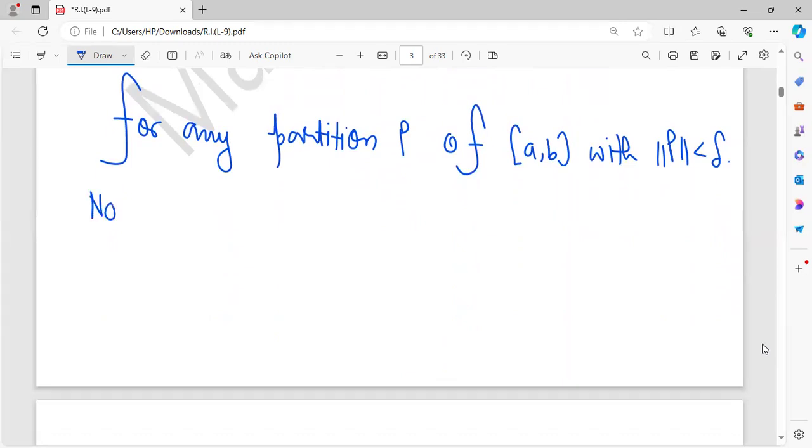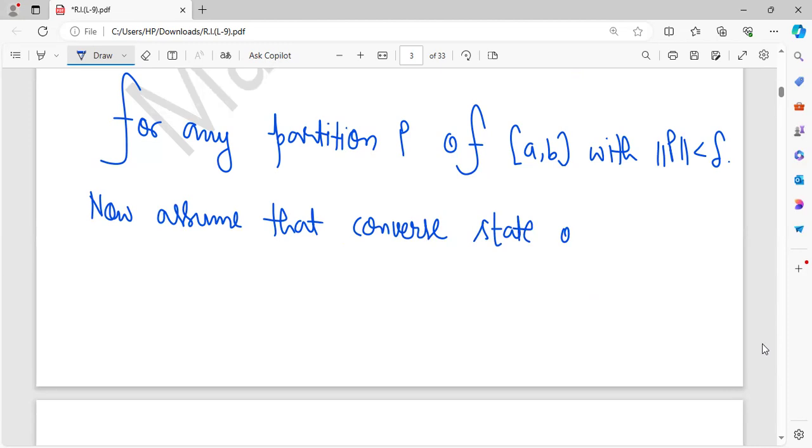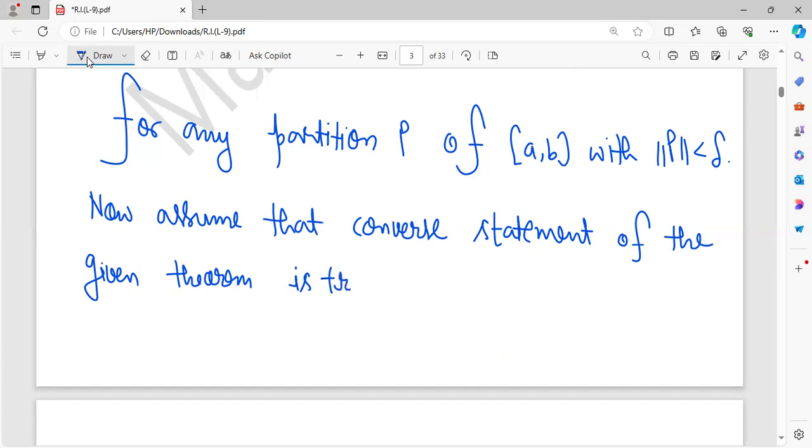Now assume that the converse statement of the given theorem is true.